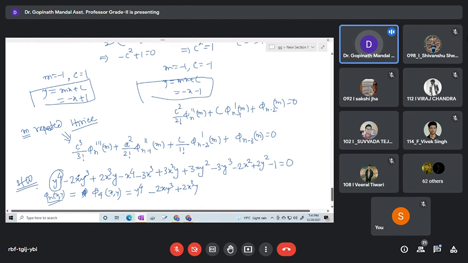To find asymptote parallel to x-axis or y-axis, in that case the highest power of y is equal to 4, so the coefficient of y to the 4 equal to 1, so 1 is not equal to 0, so we can't get any asymptote parallel to y-axis. Similarly, no asymptote parallel to x-axis.